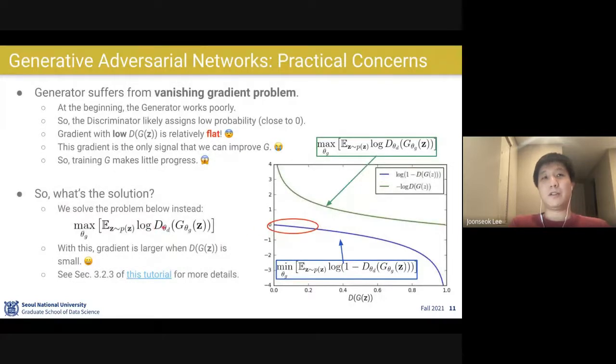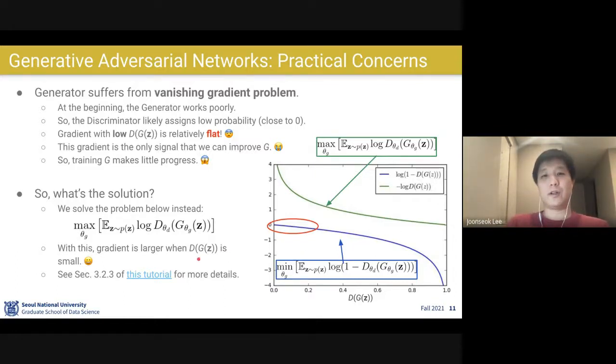So 1 - D is changed to just D, and instead of minimizing that, they want to maximize that. And then the curve will look like this, the green one. So when the discriminator works poorly at the beginning, the gradient is much larger. And once it's trained, then the gradient will get smaller, which is okay or even ideal, right? So yeah, that's just a high-level idea.